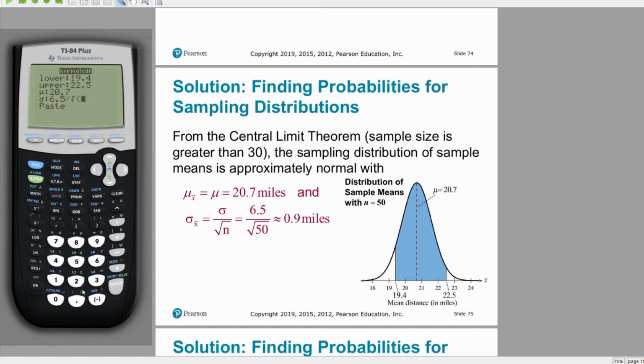So instead of the standard deviation 6.5, we divide by the square root of the sample size 50 to get the standard error. But again, the calculator doesn't say that's sigma sub x bar, it just says it's sigma. We just have to bear that in the back of our minds, which is about 0.9, but when we put it in the calculator, we can be a little bit more exact.